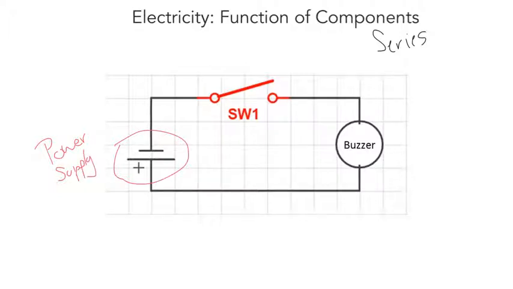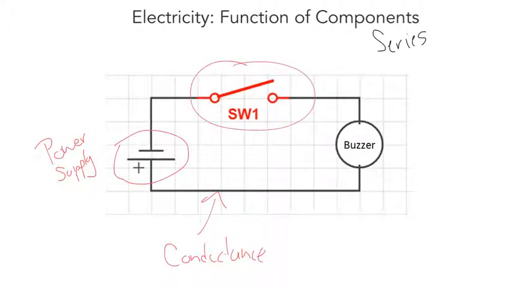The next obvious one is basically our wire, so this acts as a conductance. Here we have our switch, so this is our control. And our buzzer. So our buzzer is our energy transformation.